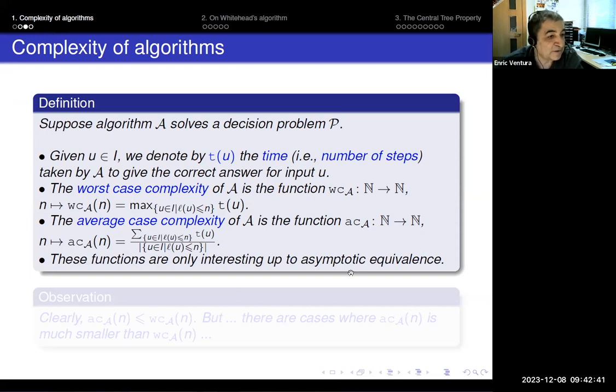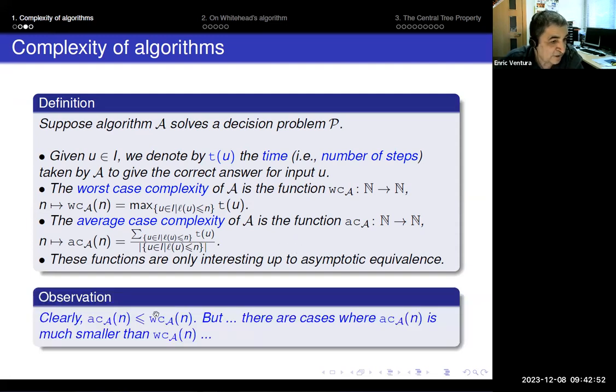The exact values of the functions are not relevant, but only whether they are linear or quadratic or logarithmic, whatever. Of course, the average case is less than or equal to the worst case, but as we will see in a minute, there are significant cases where the average case complexity is asymptotically much smaller than the worst case complexity.